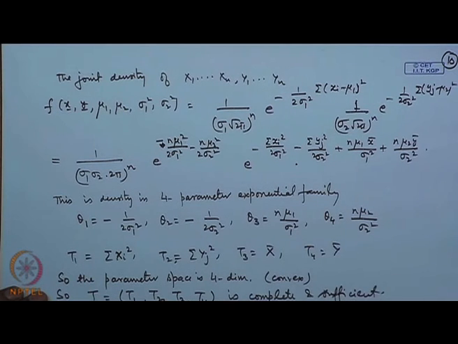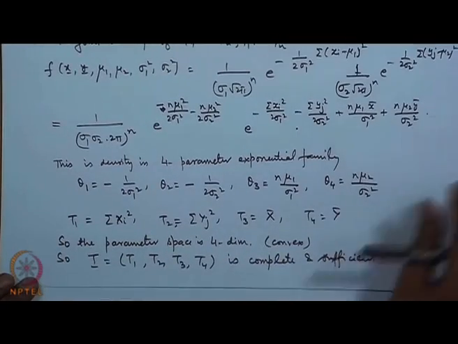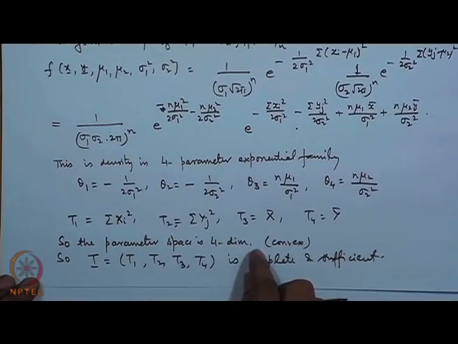Sufficiency follows from the factorization theorem, and completeness follows from the theorem which is given in the lemma, that if a k parameter exponential family contains a k dimensional rectangle in the parameter space, then the corresponding statistic which is appearing in the exponent will be complete.